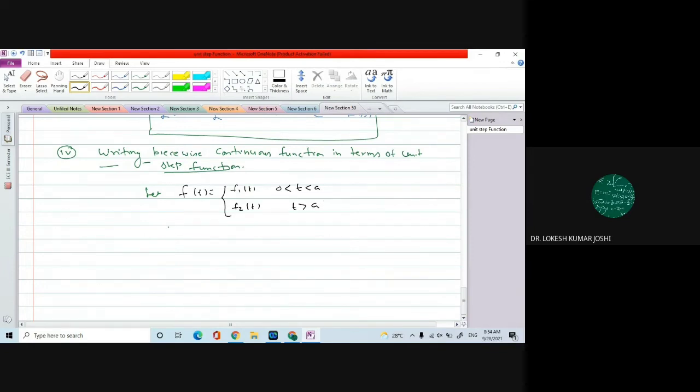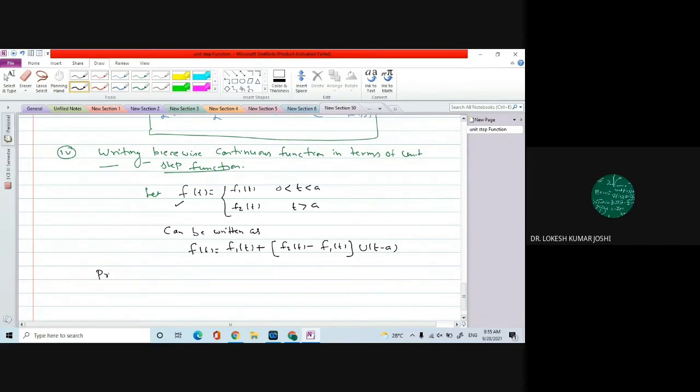Then it can be written as f(t) equals f1(t) plus f2(t) minus f1(t) times u(t minus a). You can see we have a piecewise continuous function f(t), and with the help of unit step function we can write this function as f1(t) plus f2(t) minus f1(t) into u(t minus a).